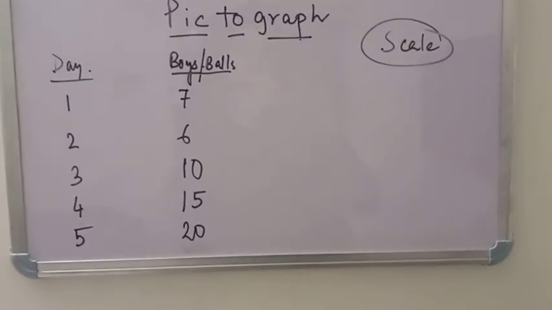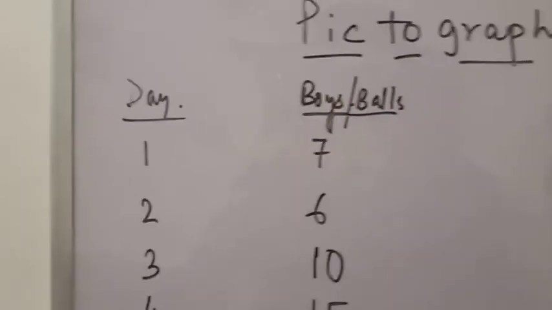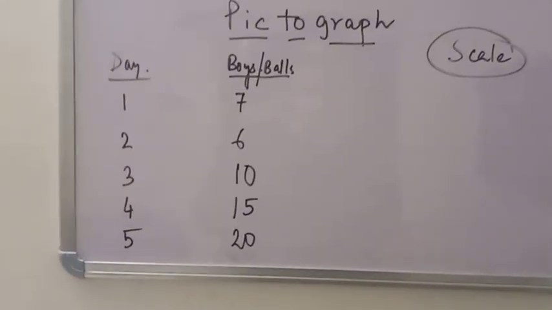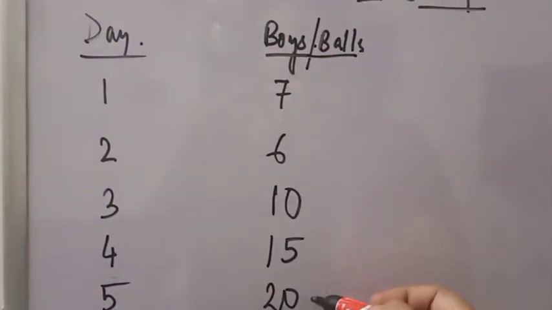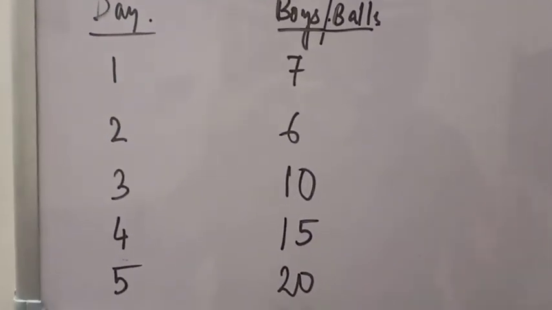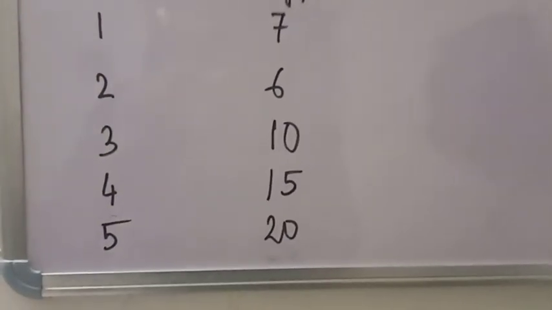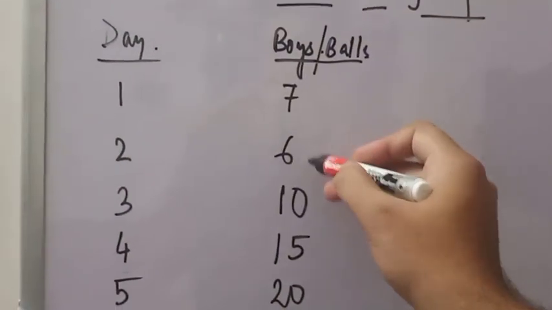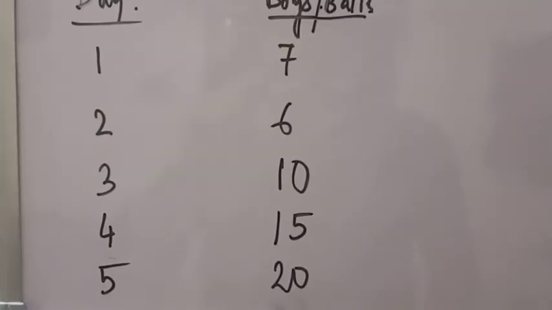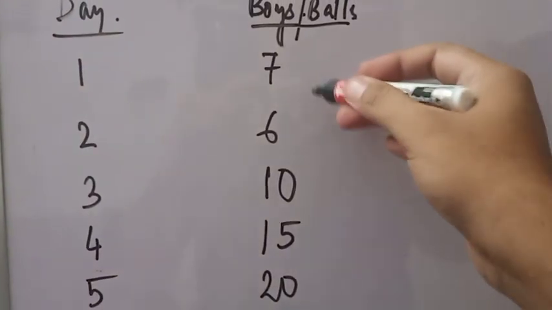Okay. So now see that if I take a scale, you have to choose the scale on your own, as per your data given. Now 7, 6, 10, 15, 20. Most of these data are multiples of 2.